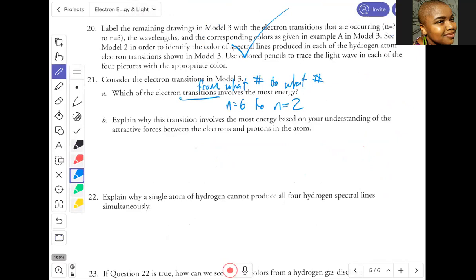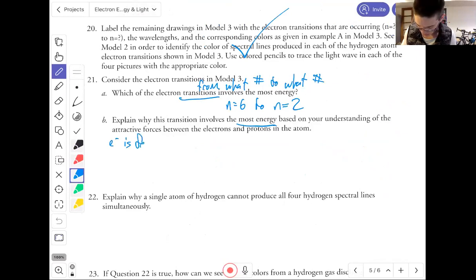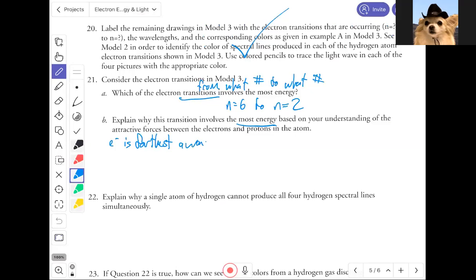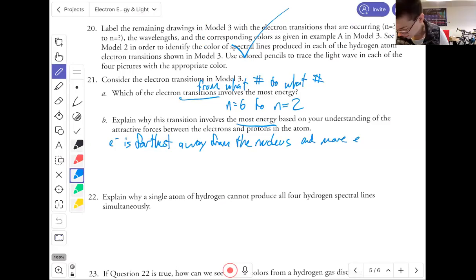This involves the most energy because the electron is farthest away from the nucleus, and more energy was required to put it there.